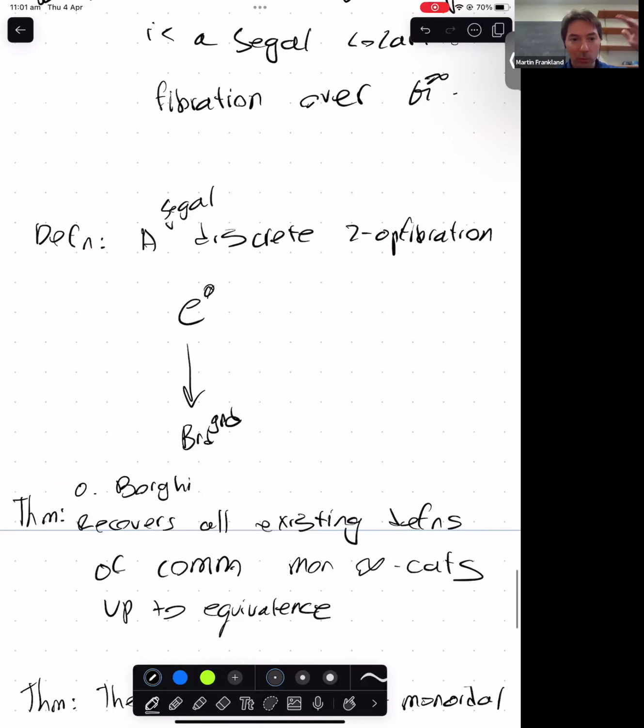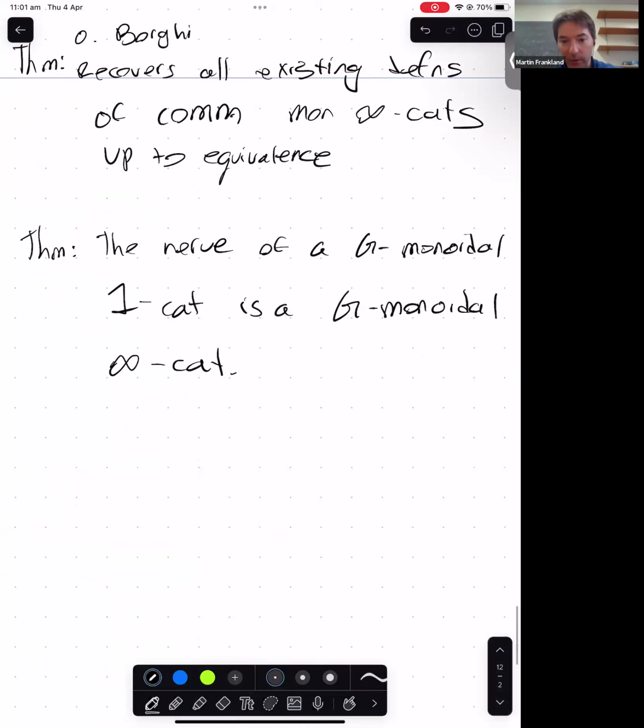I have a related question, going back to Francis's comment. In the symmetric monoidal infinity category case, those live over the nerve of finite pointed sets. There are certain nice co-Cartesian fibrations. And in the more general case with G infinity, now G infinity is not the nerve of a one category anymore, but it is the Duskin nerve of a track category, right?